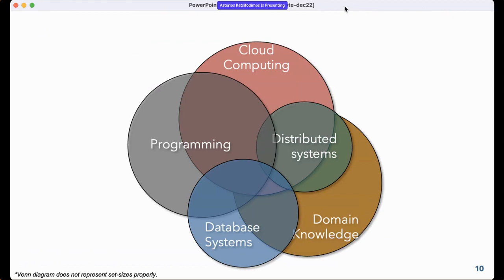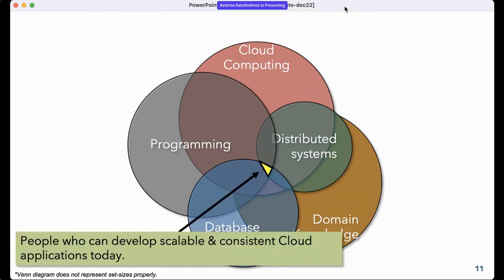The problem with all those is that the right person to develop such a service lies in the intersection of those. And I have met so far very, very few people that are experts in all of these. I don't count myself either. Long story short, if we want people to develop scalable and consistent cloud applications nowadays, they have to have all of these.